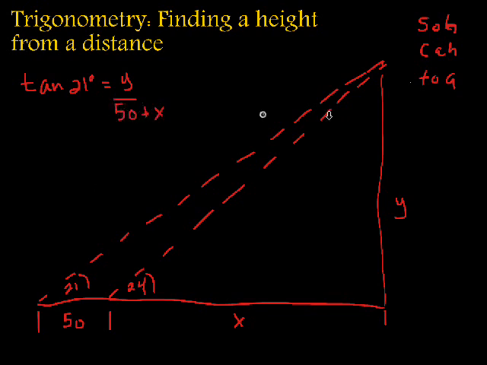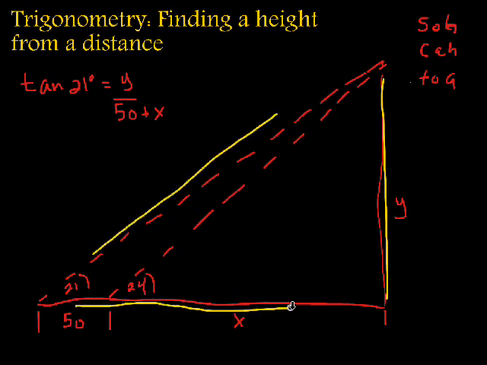Because this is the y side of this triangle. The hypotenuse is on this side here. And this entirely, all the way along, is the x.